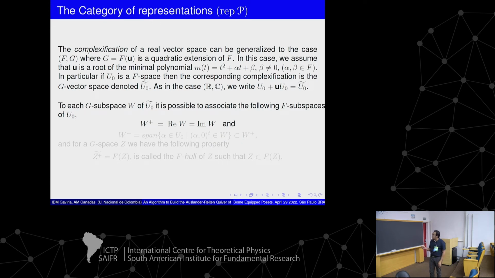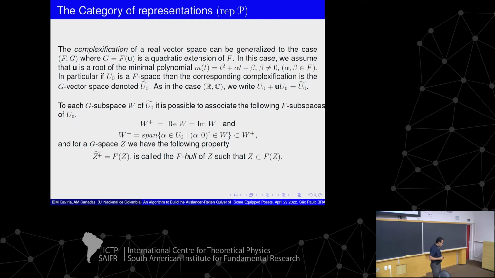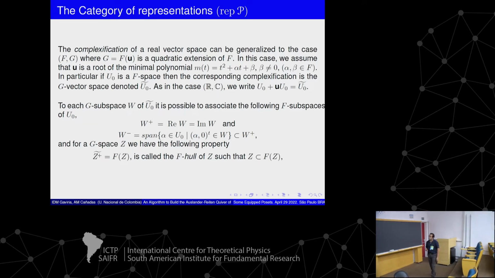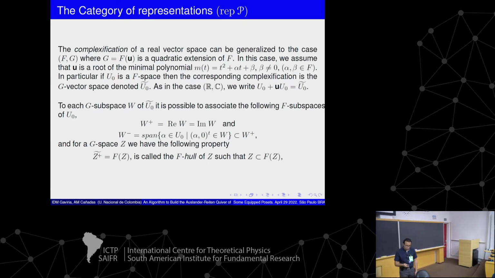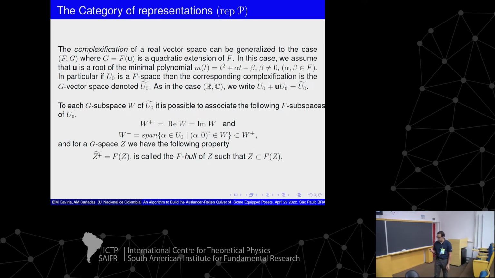Here U sub 0 is a G vector space. And we can associate these spaces: if W is a subspace of U sub 0 tilde, then we can associate all these three F subspaces.